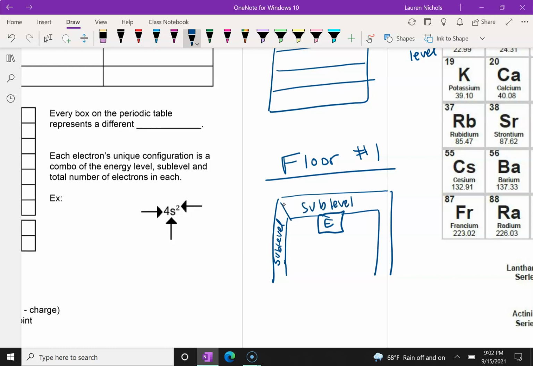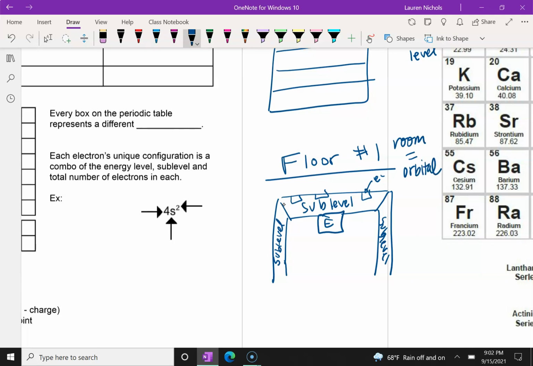So this floor would have 3 different hallways. Within that hallway, you would have the rooms of the hotel. Inside your room would be your electrons, and a room would be your orbital.